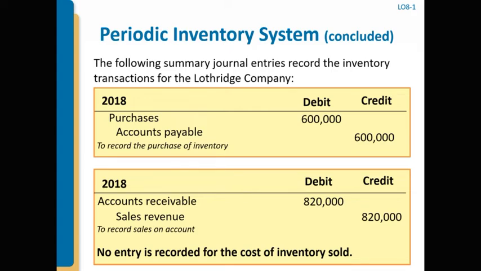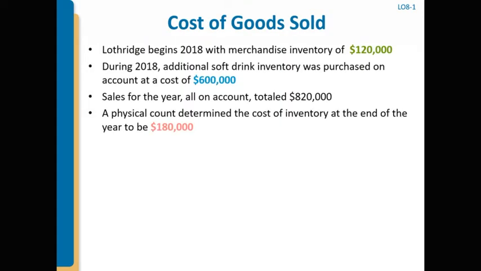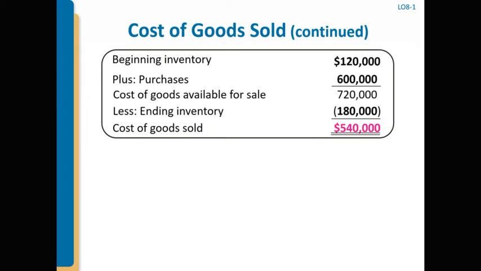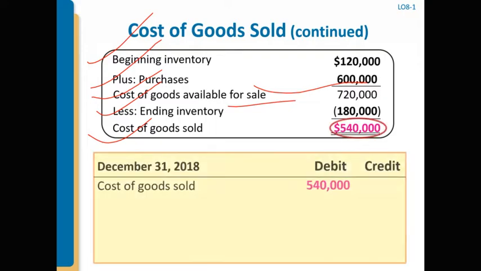Under the periodic inventory system, when we purchase, we usually debit purchases and credit accounts payable if we purchase on credit, and if we pay in cash, definitely we will credit cash instead of accounts payable. And accounts receivable and sales revenue, this is when we sell. So how do we calculate? Beginning inventory plus purchases is cost of goods available for sale, and less ending inventory, so cost of goods sold. This is how we calculate.